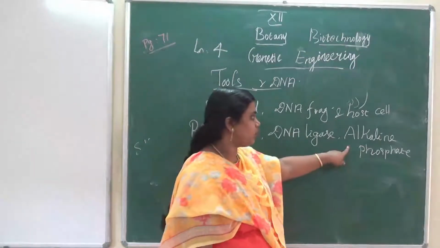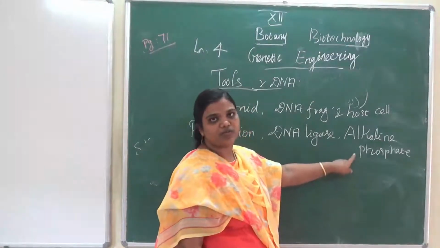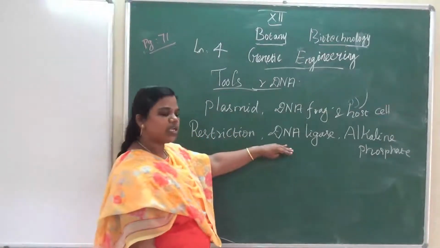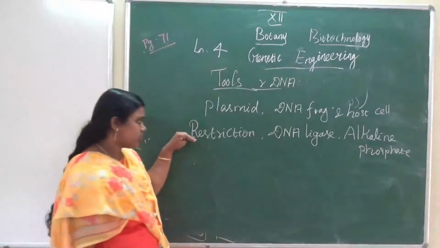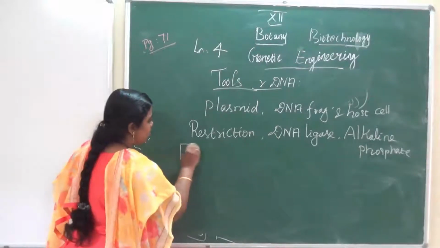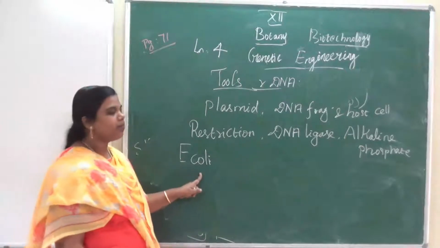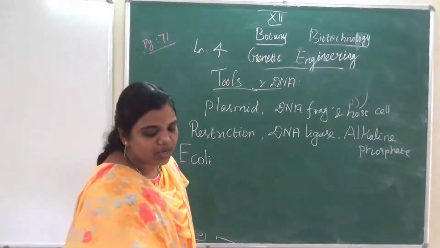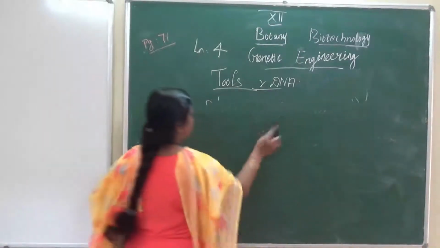Alkaline phosphatase is mainly found in the intestines of calf, and also in some bacteria. DNA ligase is mainly present in the T4 bacteriophage. Restriction endonuclease is common in many bacteria, but was first discovered in E. coli, Escherichia coli bacteria, and it is commonly classified into two types. First, I will explain the restriction enzyme.